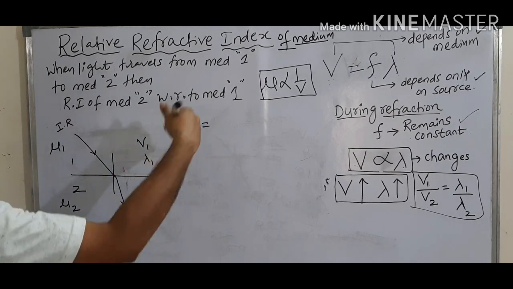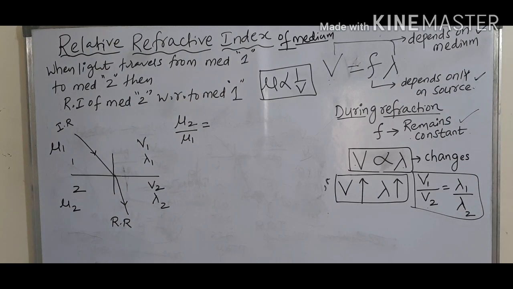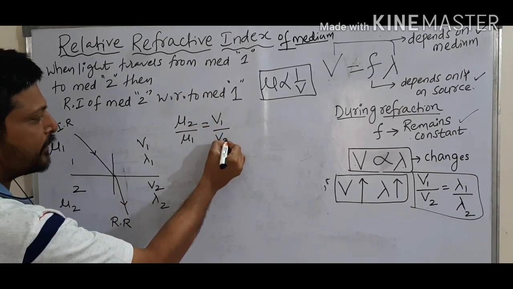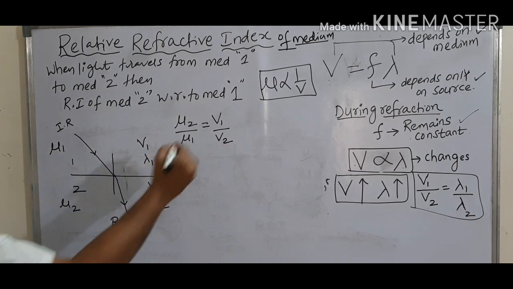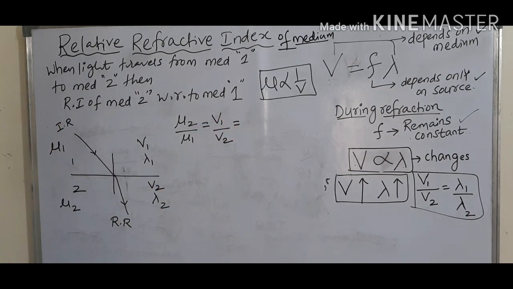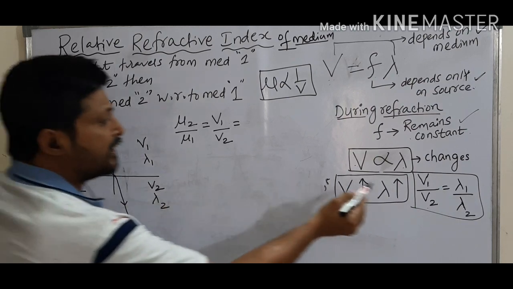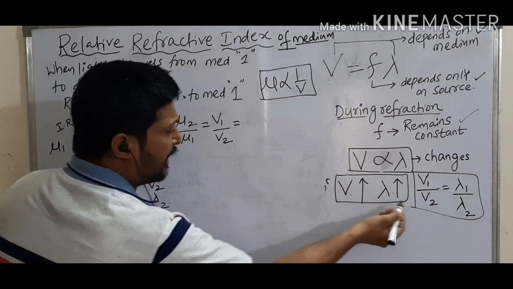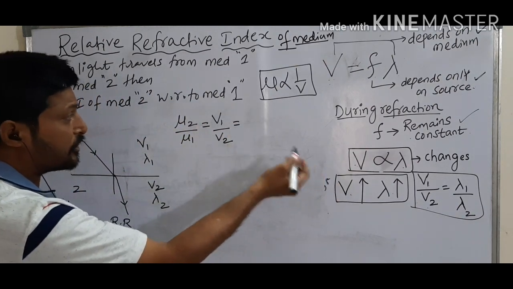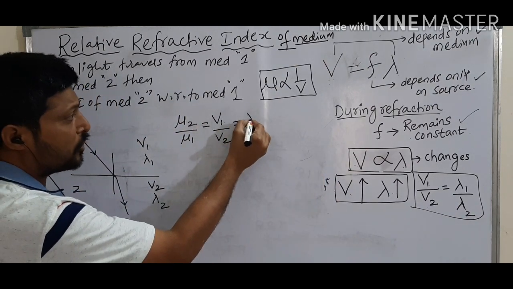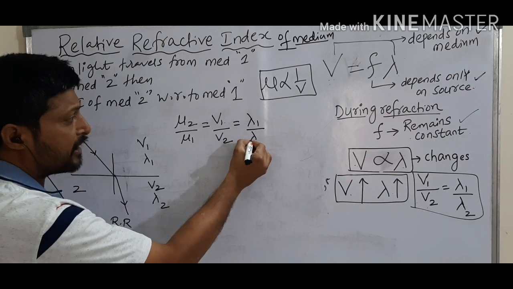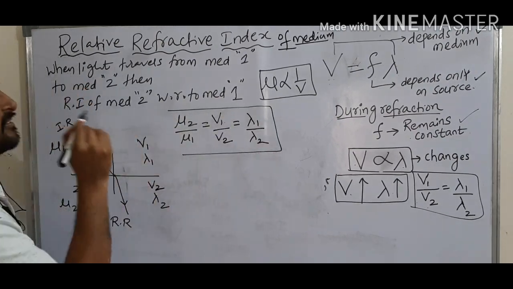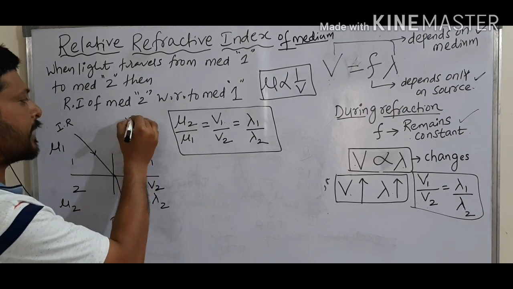Express this ratio in terms of the speeds of light: mu2 by mu1 we can write as v1 by v2. We already know the relation between speed of light and wavelength: these two are directly proportional, so for wavelength it is lambda 1 by lambda 2. This is a very, very important relation.